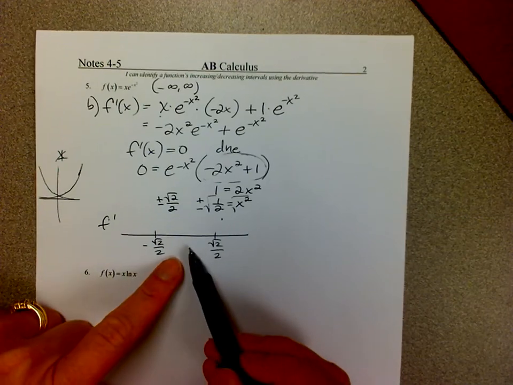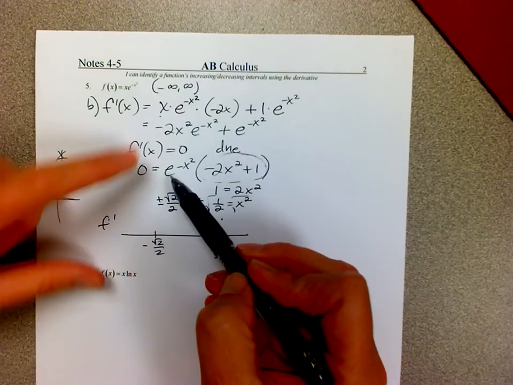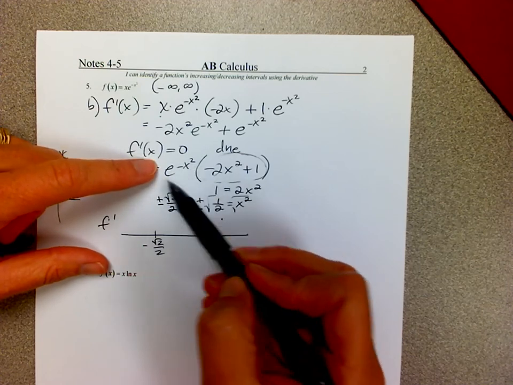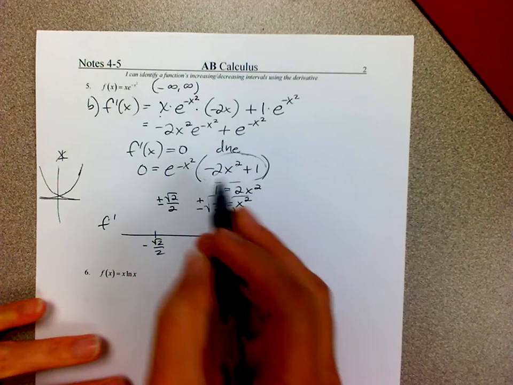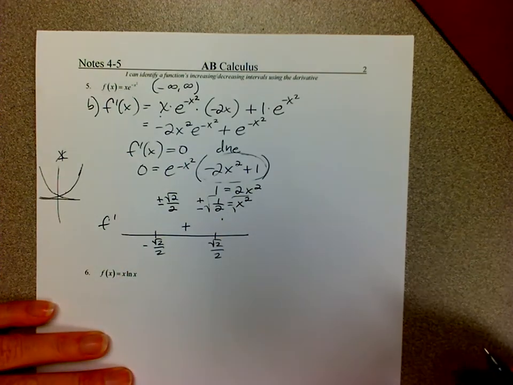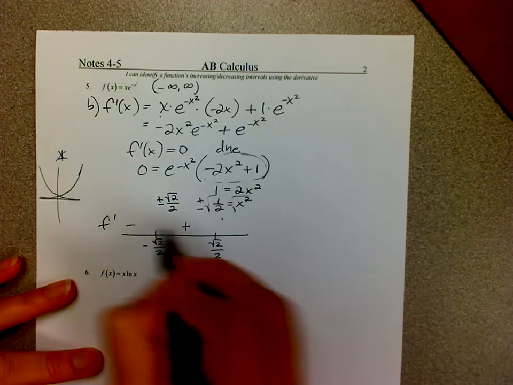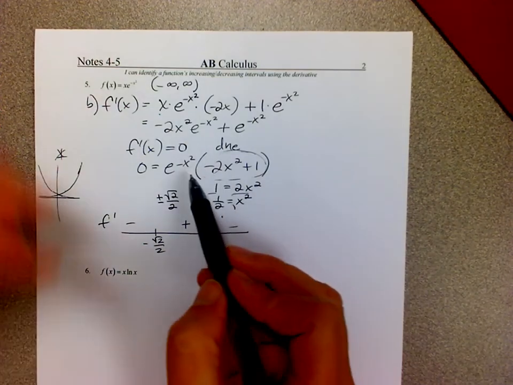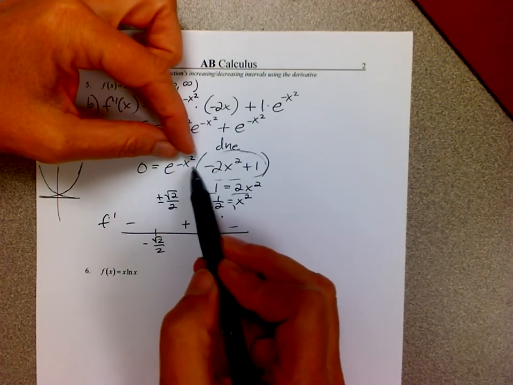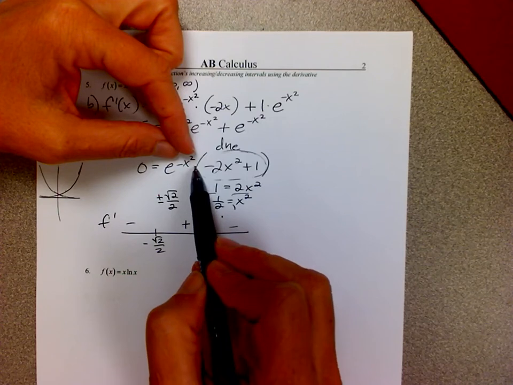So plug in a 0, because 0 is easy. My hero, e to the 0 is 1, that's positive. Negative 2 times 0 is 0, plus 1, that's positive, this is positive. So that means everything on either side has to be negative. Done. Now, the other way that you can think about this visually is I don't care what's going on with this e and how that affects the graph.